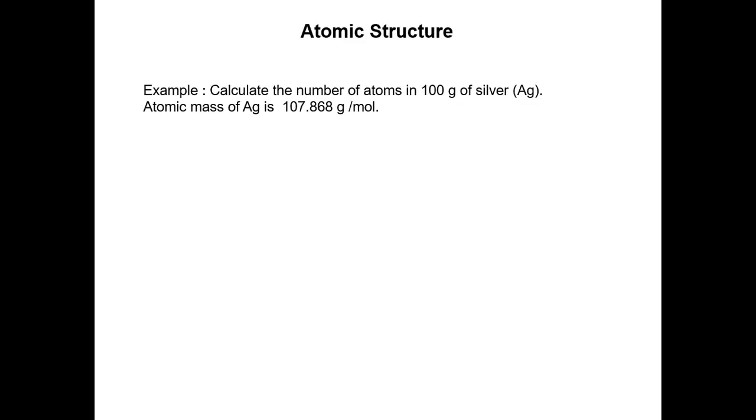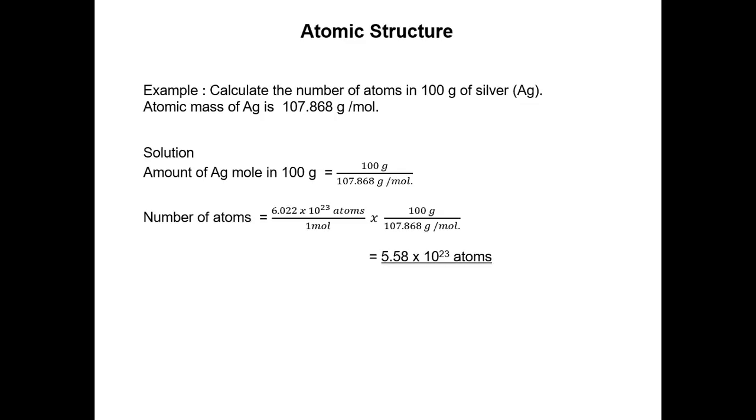If you can find how many moles are in 100 grams of silver, then you can find the number of atoms in 100 grams of silver. Right? This is the solution. First step is to find the amount of silver in moles in 100 grams of silver.